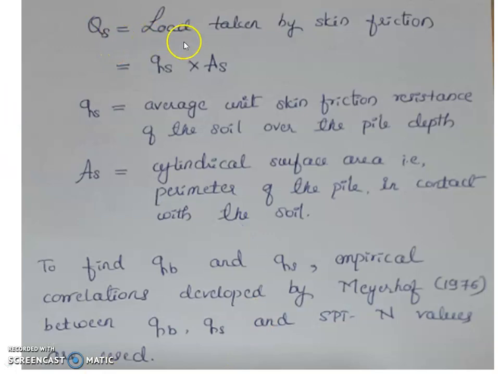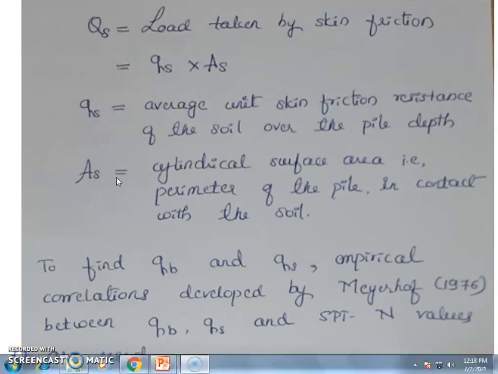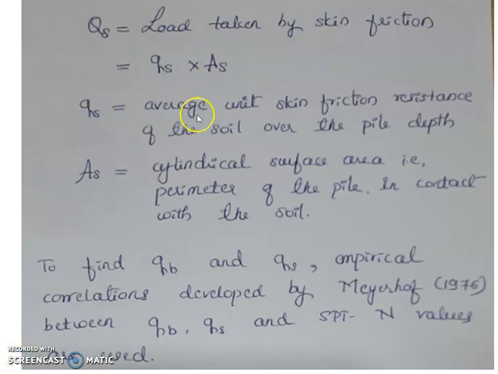And Qs is the load taken by skin friction. So it is found out by multiplying average unit skin friction resistance of the soil over the pile depth and cylindrical surface area. So qs is average unit skin friction resistance of the soil over the pile depth, and As is cylindrical surface area, that is the perimeter of the pile which is in contact with the soil.